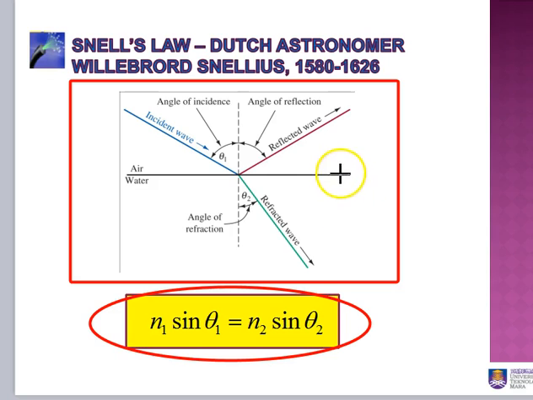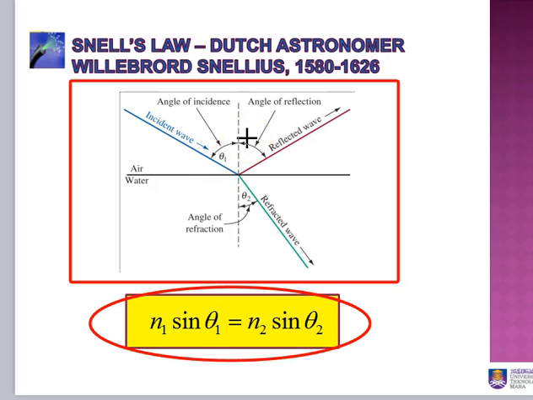So if air is having less refractive index than water, for example, N1 is less than N2, Snell's law predicts that sine theta 2 is less than sine theta 1.